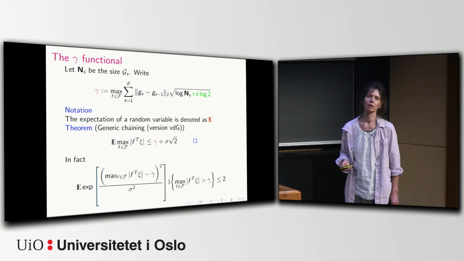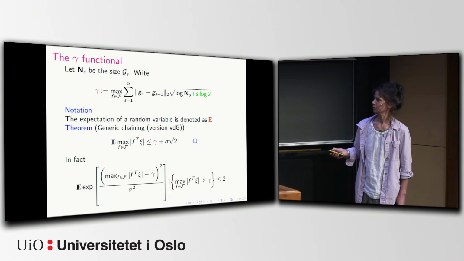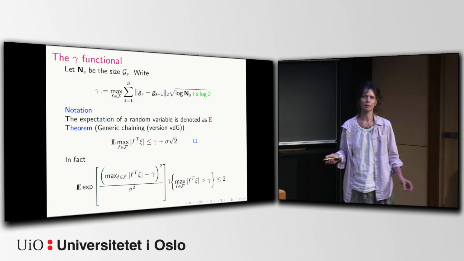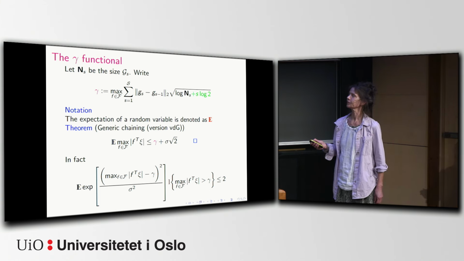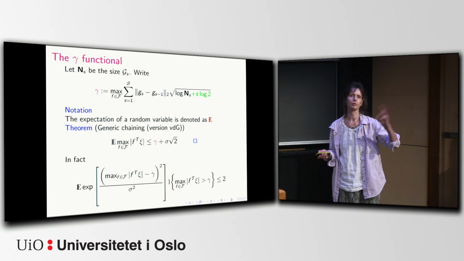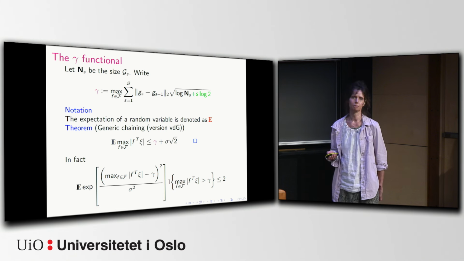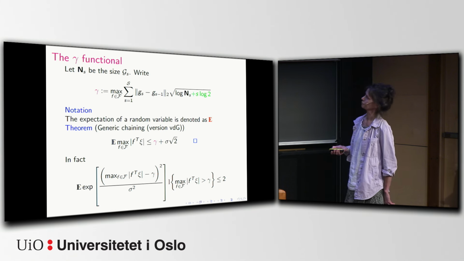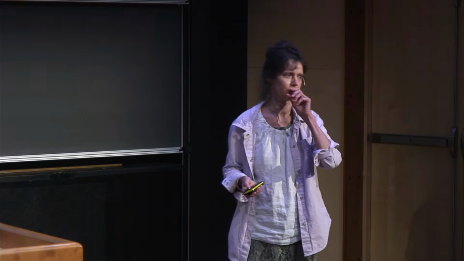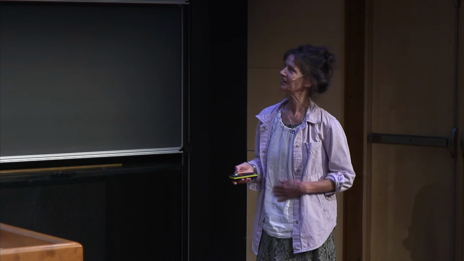You can also write down some kind of exponential moment, and then you get concentration of measure. So it's enough to have the expectation, and then the probability that it's far away from the expectation is going to be small. Also, I hope this is not too much of a simplified version.